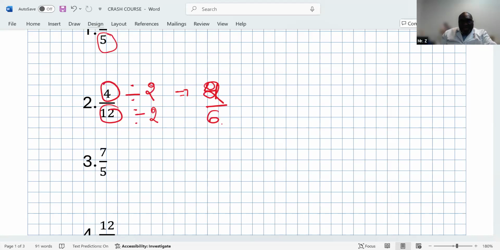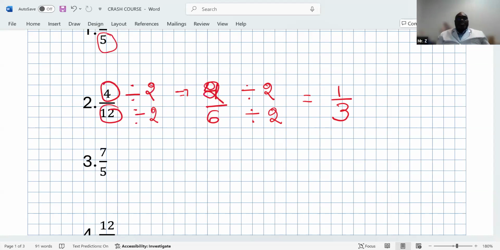You look at it again and see that 2 and 6 can be simplified again by 2. Then you have 1/3. So 1/3 is equivalent to 4/12. But as a math rule, you want any fraction to be simplified to its simplest form.